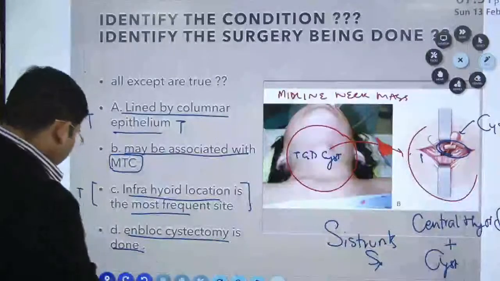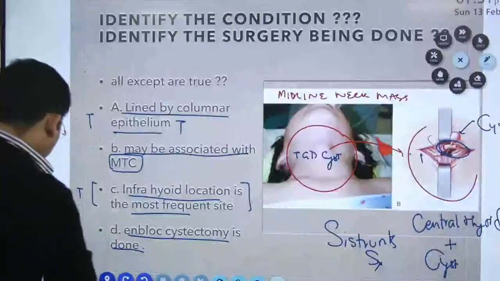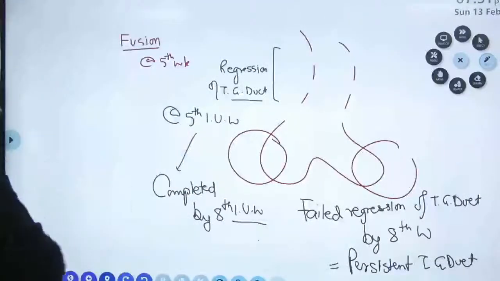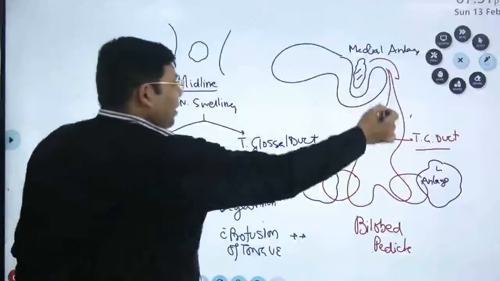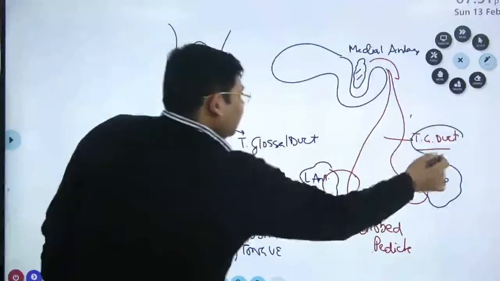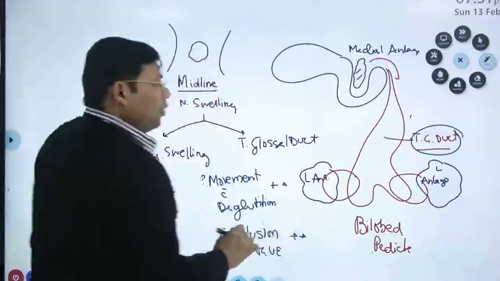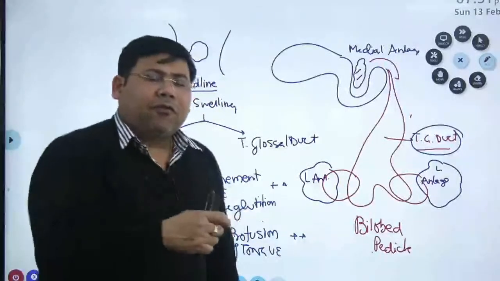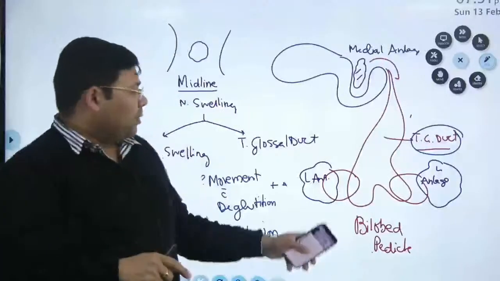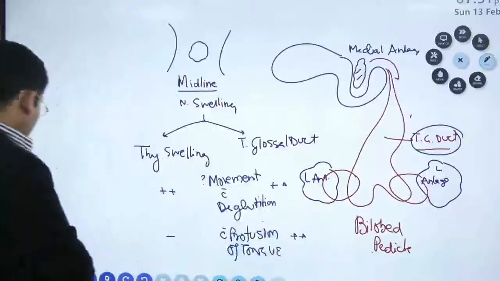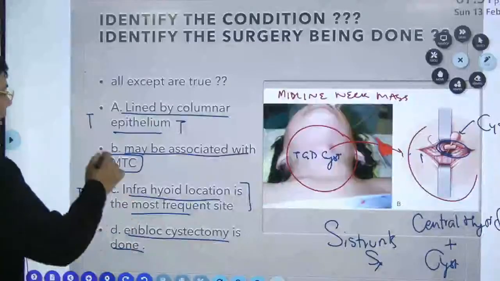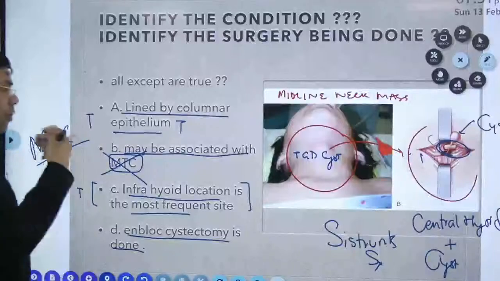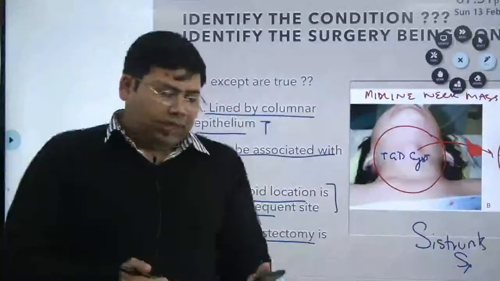Now when I was showing you the development, I told you about one very interesting thing, that this median anlage is going to give rise to the thyroglossal duct and the majority of the follicular cells. So it can be associated with cancers from the follicular cell, but never from the cells of the lateral anlage. So any cancer can occur, but MTC can never occur, because the origin of the cells of MTC is totally different.